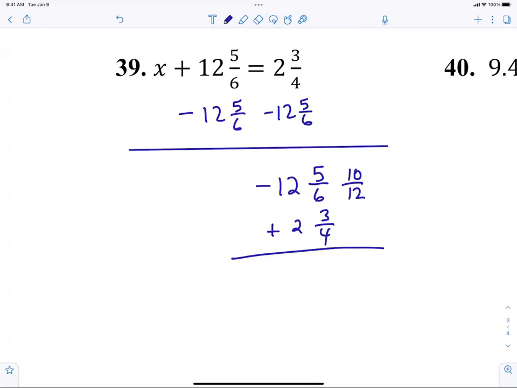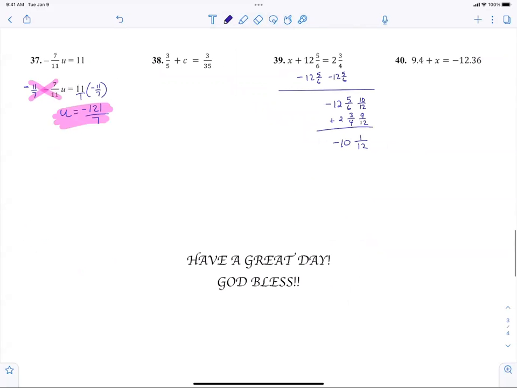And the second fraction will multiply by 3. So that becomes 9 out of 12. Oh, at first I thought we had to borrow. Do I have to borrow on this one? No, because we can straight out subtract. So what's 10 minus 9? 1 over 12. And then negative 10.